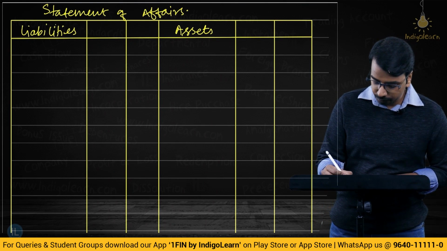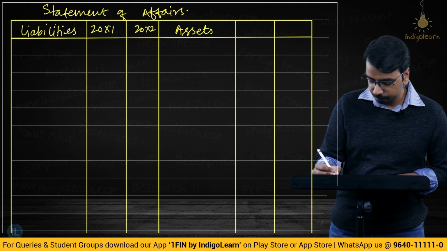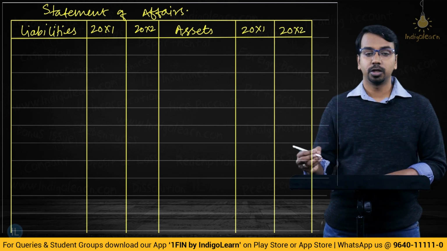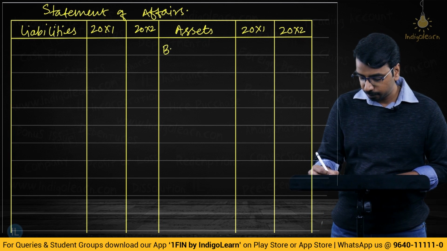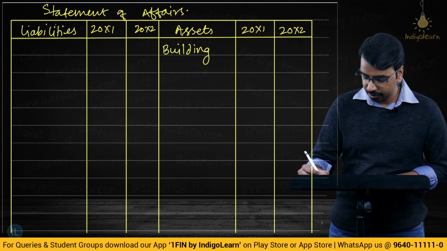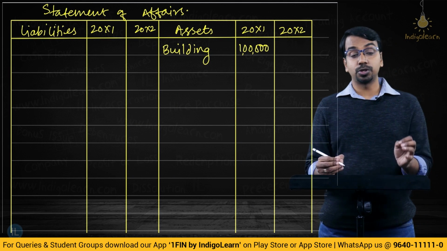So you have here year 1, year 2, year 1, year 2. So under assets, what do we have? First item we have is building, and it is at 1 lakh. And what does the question ask us to do?